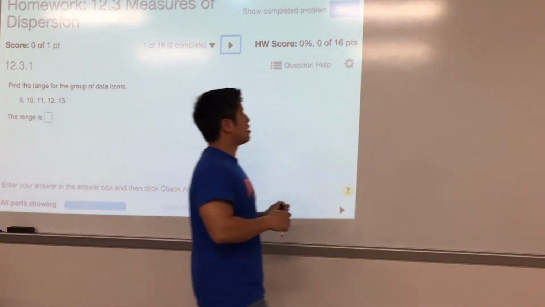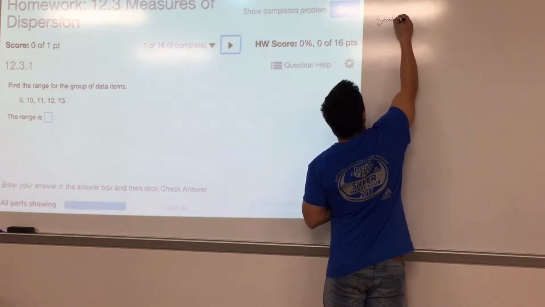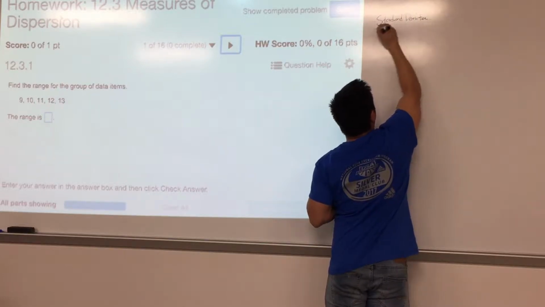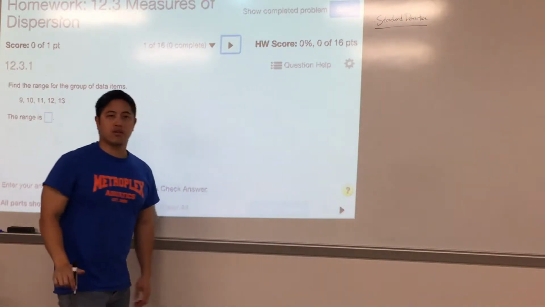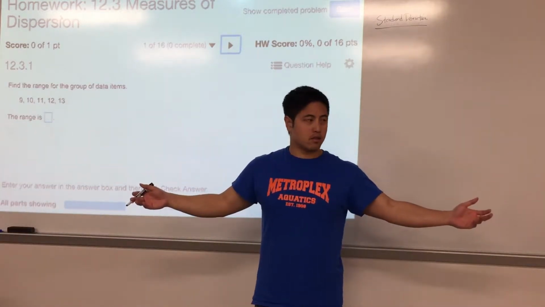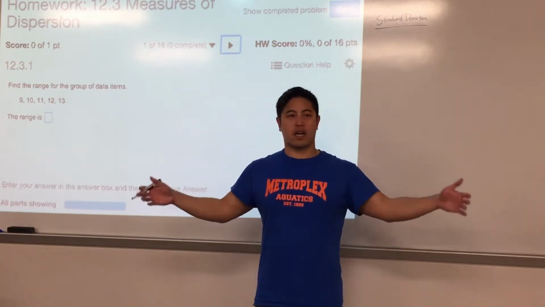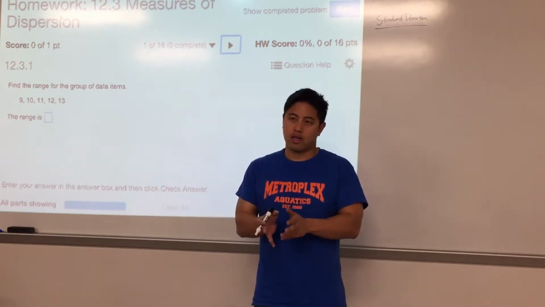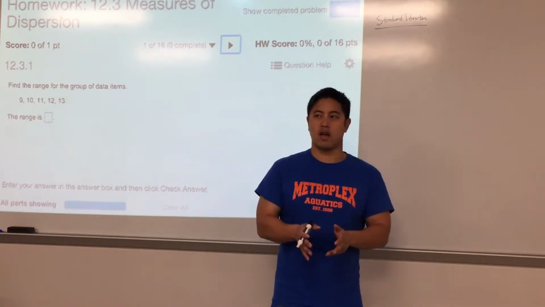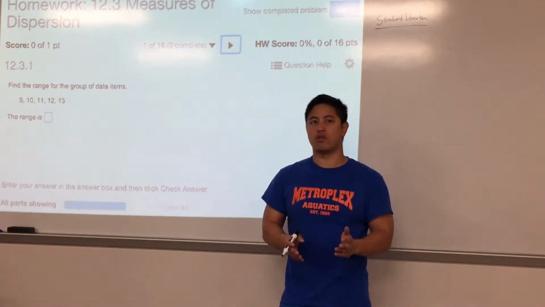And we know that standard deviation is essentially the measurement for how spread out your data is. The bigger the standard deviation, the more your data is spread out. The smaller the standard deviation, the less your data is spread out. And it's spread out in relation to the mean or the average.